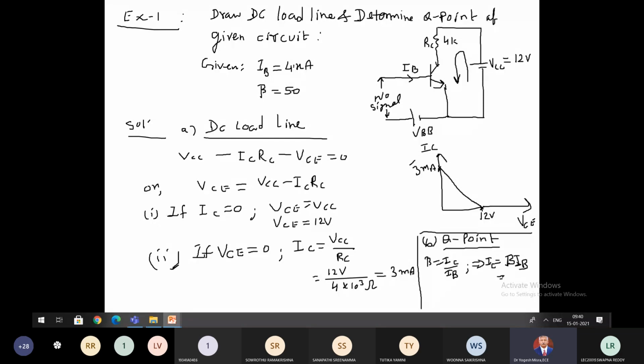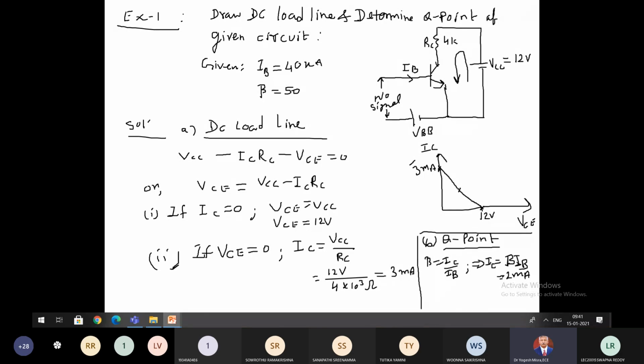So this will give you 2000 microampere, or it will be 2 milliampere, right? IC value we got.